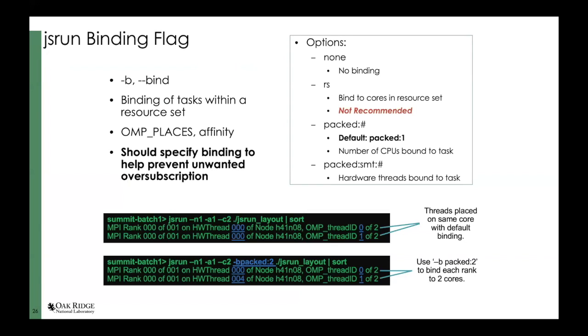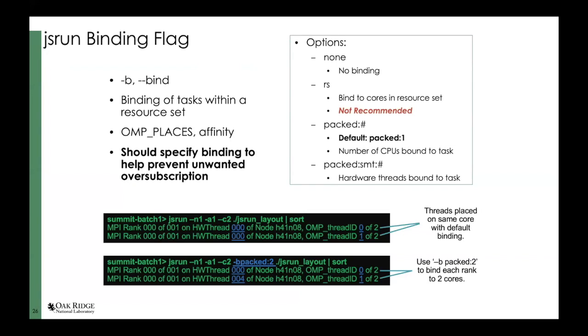So the binding flag gives you some options for what it takes. You can say binding of none, which means don't let the system do any binding, I want to do that myself. You can bind to a resource set, the -rs, which will bind to the full resource set. I've seen enough cases where it causes problems that I think it's not as much of a shortcut as we would hope.